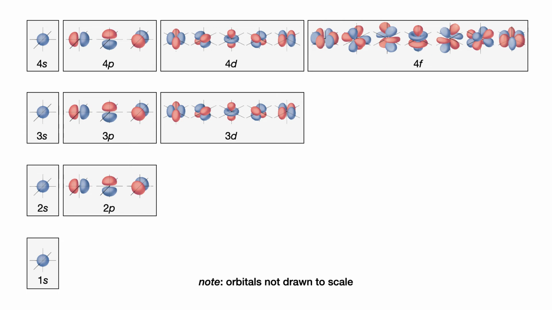You may notice that there's a pattern here: as you go from one sublevel to the next, the number of orbitals in that sublevel is just the next odd number. So there's always 1 in the s sublevel, 3 in a p sublevel, 5 in a d, and 7 in an f. And this pattern does continue.